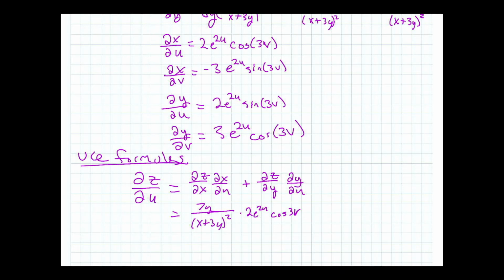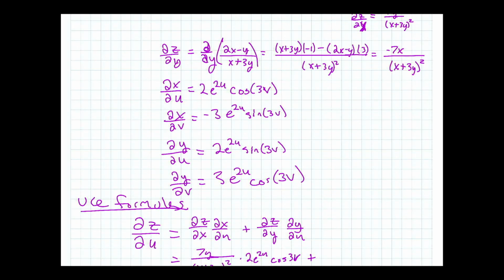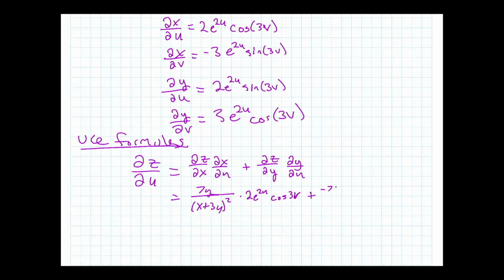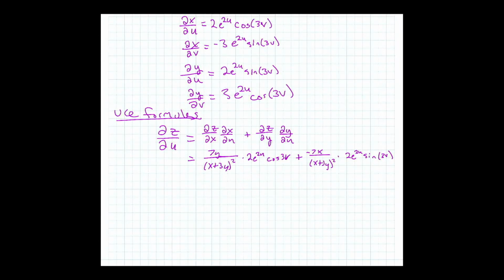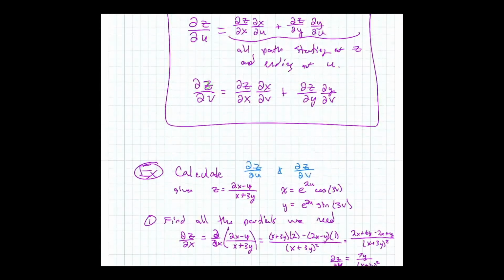And then plus partial z with respect to y, which is negative 7x over x plus 3y squared times partial y with respect to u, which is right here, 2e to the 2u sine 3v. Okay. So that is that. We can do the same thing for z and v.